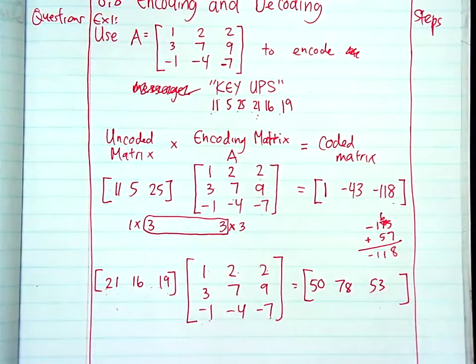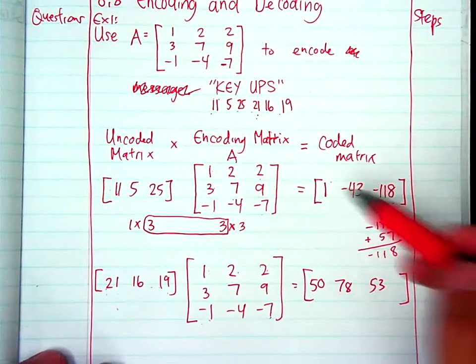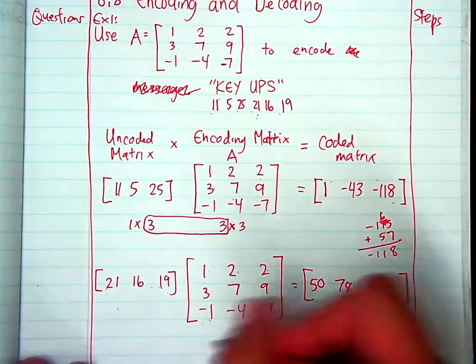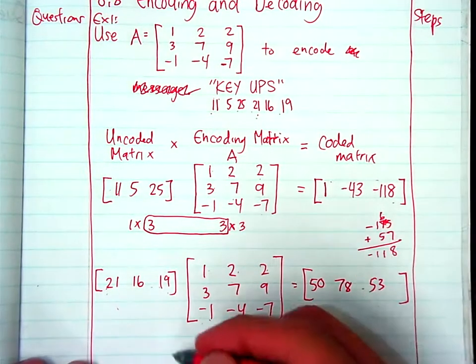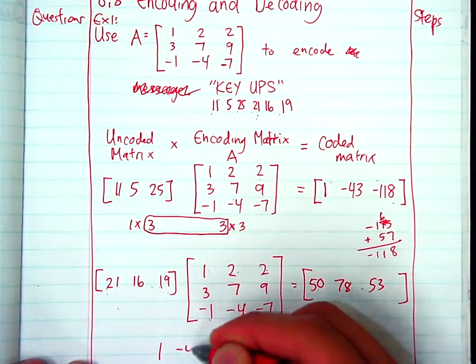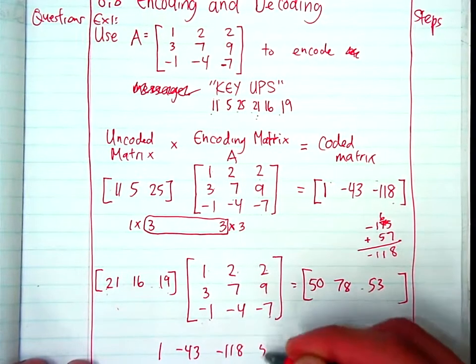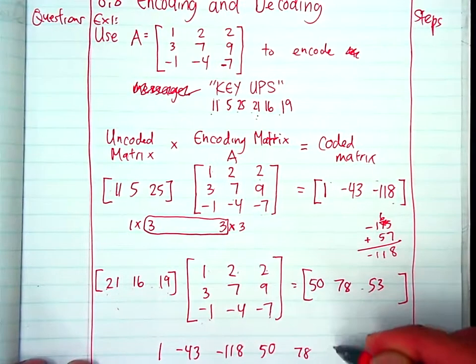So these are my two coded matrices. My final answer is going to be all 6 of the numbers in order. So it'll be 1, negative 43, negative 118, 50, 78, and 53.